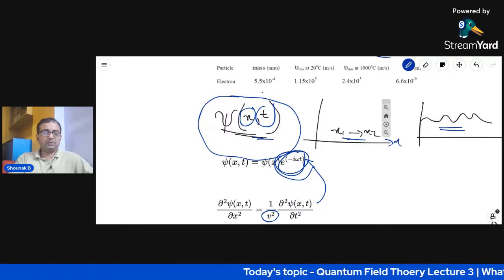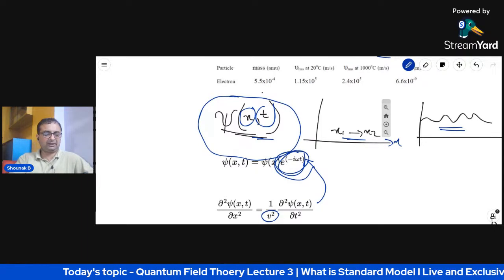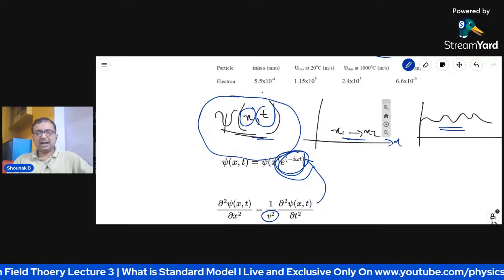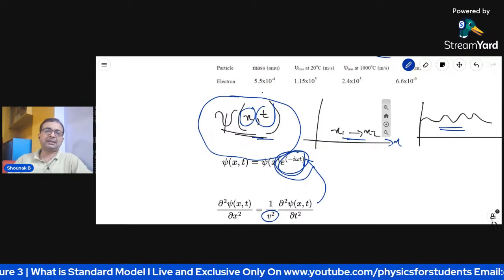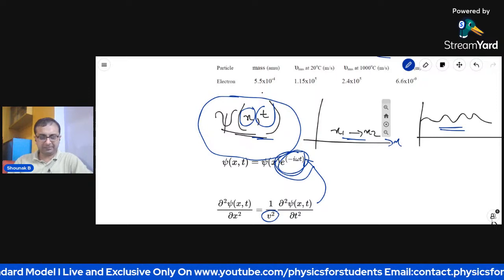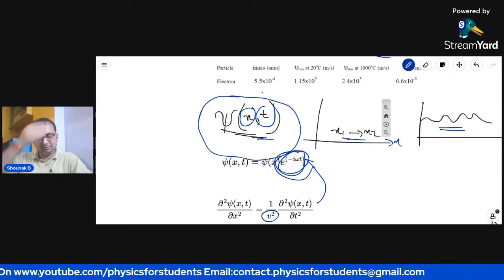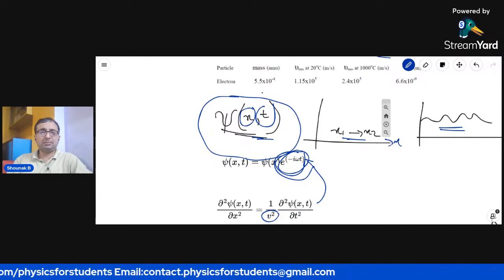Yeah. So from here again, what we get finally is that one of the terms depends on x and the other term depends on y. From there, we got the next equation, the classical electromagnetic equation.